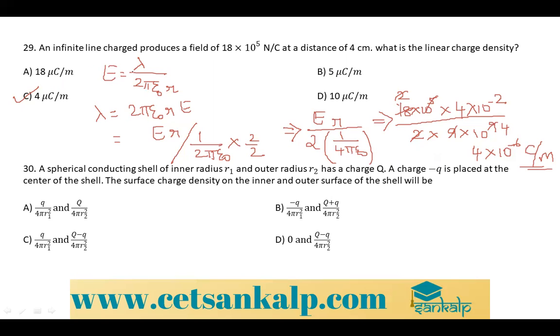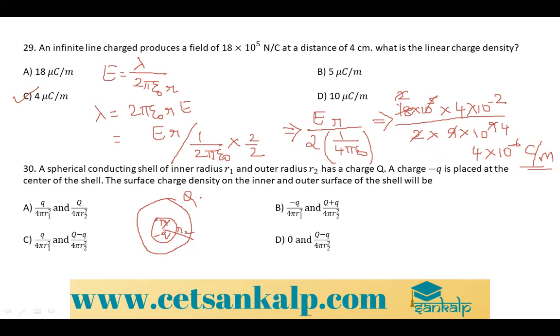Okay, first let us look at the diagram. This is one shell. This is another shell. So this radius is R1 and this radius is R2. The charge minus Q is placed inside. Outside it is capital letter Q.